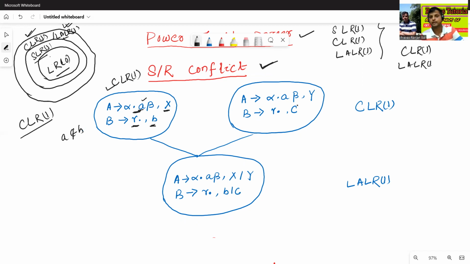Now we'll see this one. A → α.Aβ, Y: Y is the lookahead part. This is the shift action.